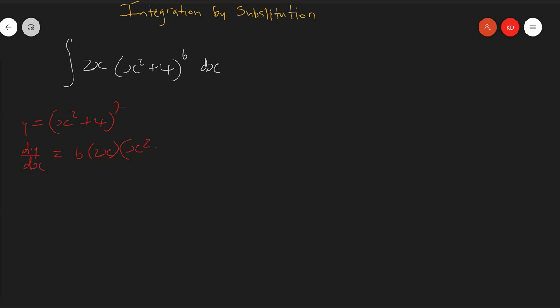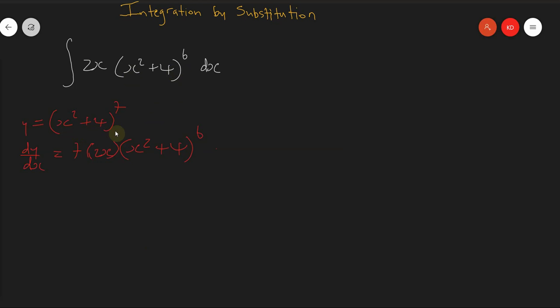Good. So this would be plus 4 to the 6th, right? So in our minds we can visualize that and say, okay, then this integrand must be coming from this in the bracket, (x squared plus 4) raised to the 7th power.